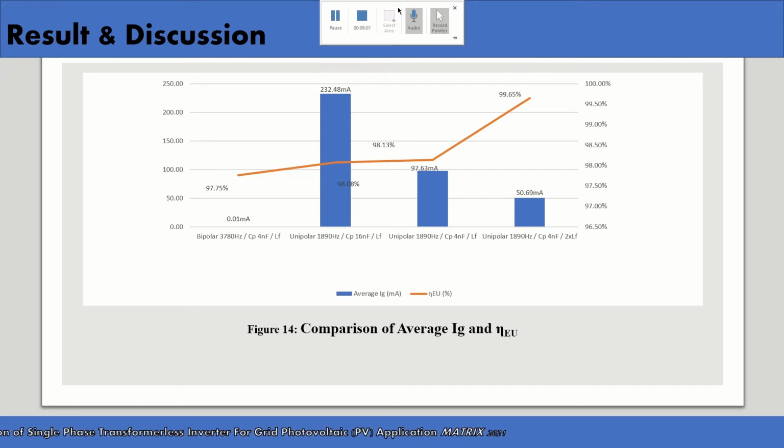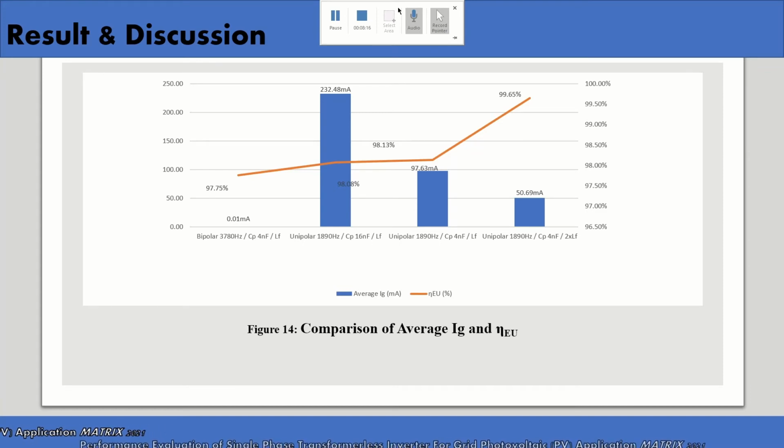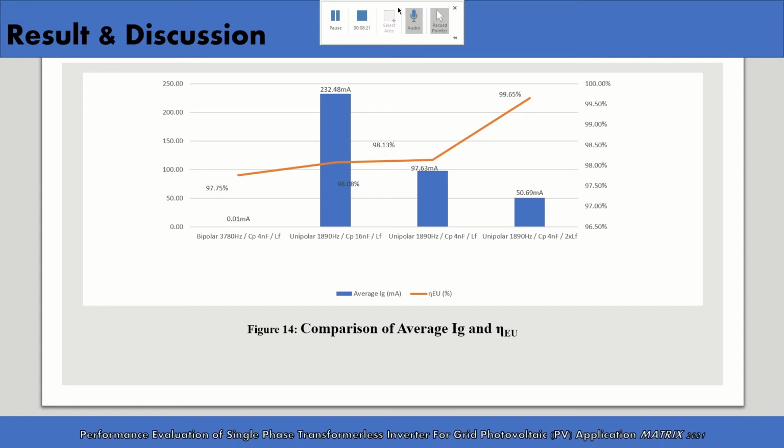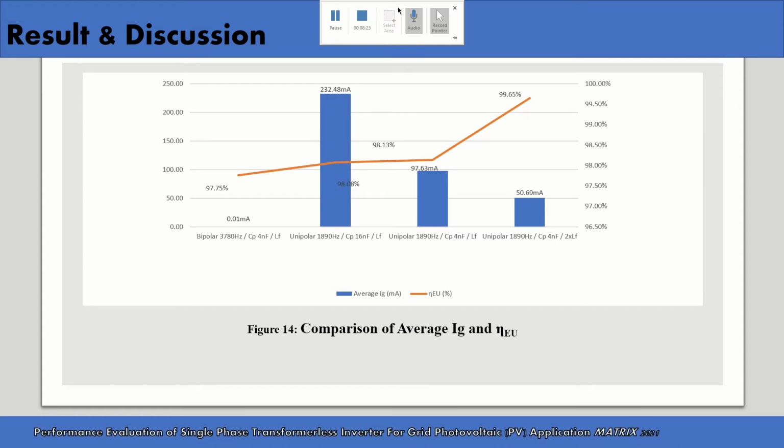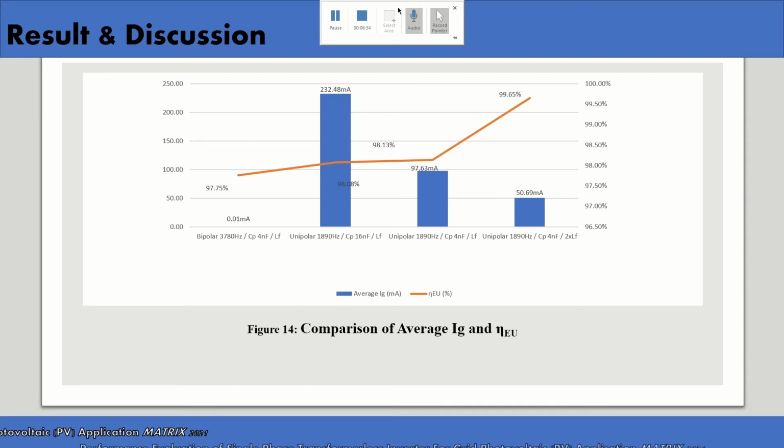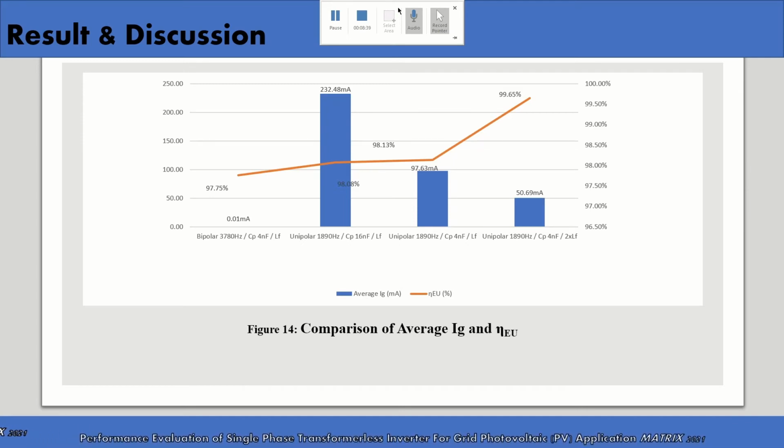From figure 14, the efficiency of unipolar PWM is slightly increased by about 0.5% compared to bipolar PWM, despite providing almost non-existent leakage current. For bipolar PWM to match a similar efficiency performance to unipolar PWM, its frequency needs to be at least double that of unipolar PWM.